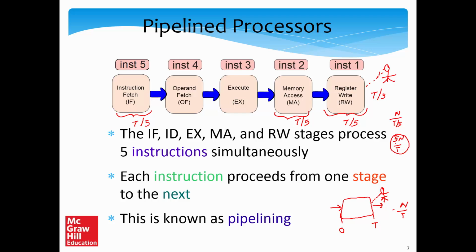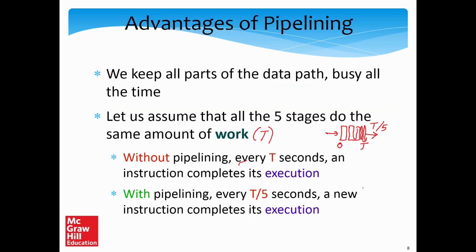Every t by 5 seconds a new instruction is coming out. So the rate of instructions coming out is 5 times more as compared to a non-pipeline processor. As a result, if a program has n instructions, it will execute 5 times faster.